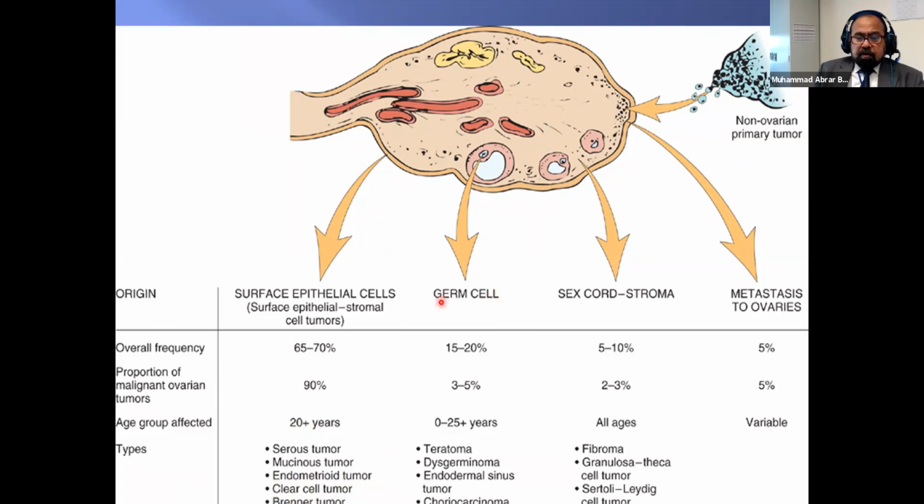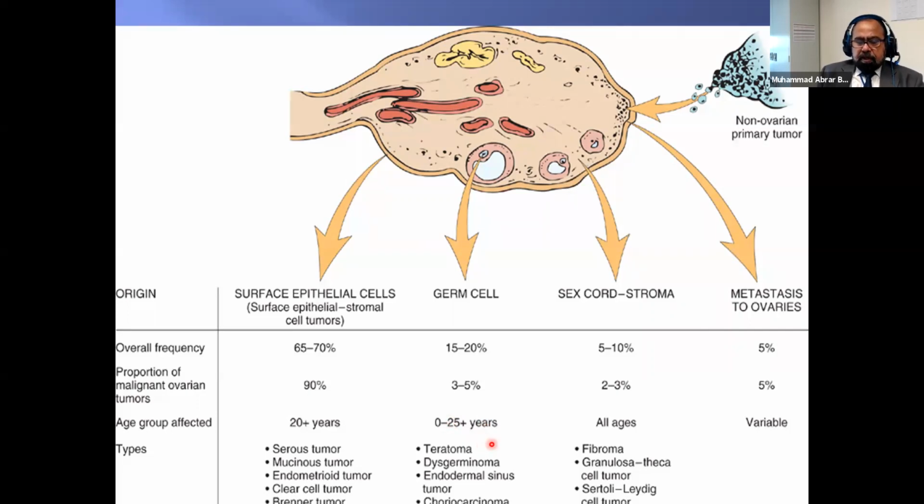Then we have germ cell tumors, whose overall frequency is 15 to 20%. And if we talk about malignancy, only 3 to 5% develop malignancy. The age group starts from zero, from childhood till 25 is the best age for that, but it can cross that age, even 30, 35.